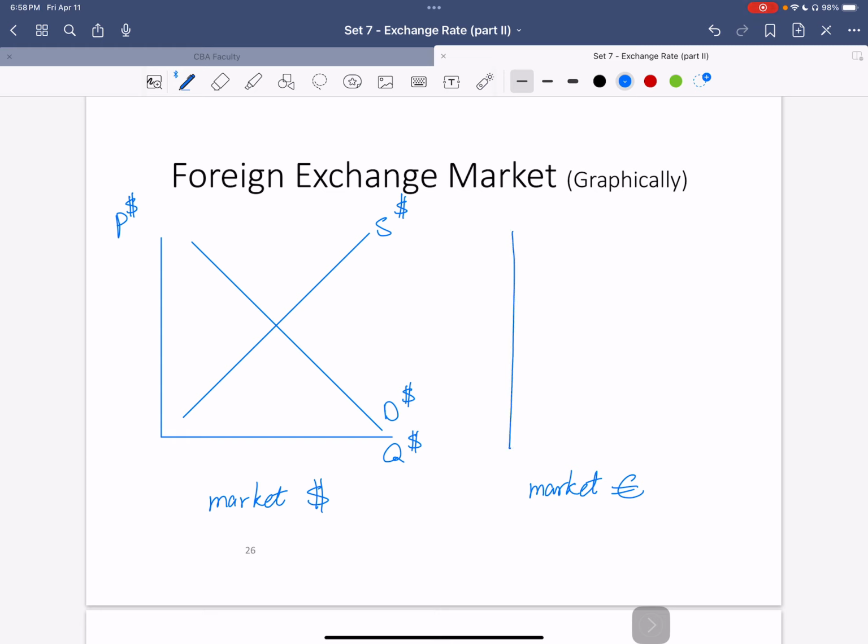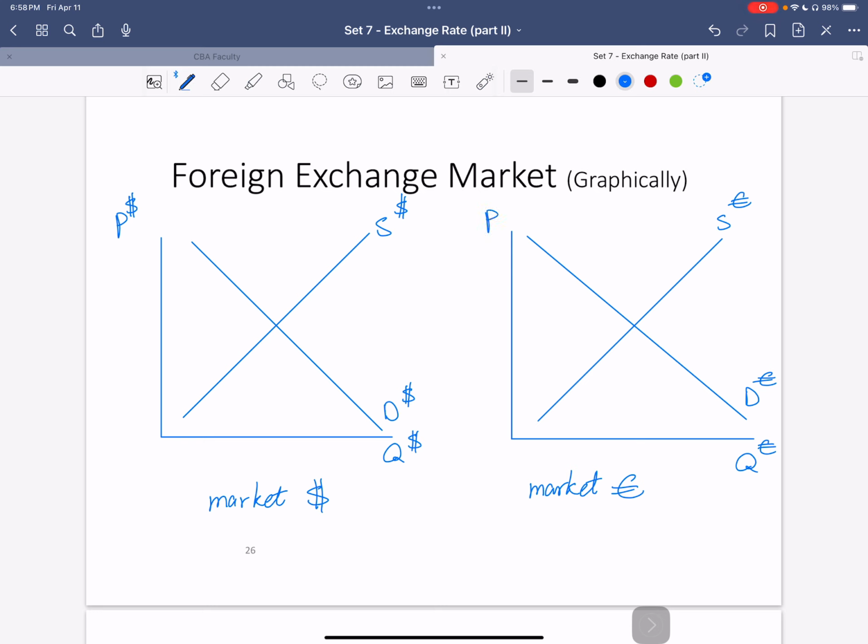And at the same time, I expect you to draw the euro market as well. Okay, so we're gonna have supply of euro just next to demand for euro, the quantity of euro, and the price of euro.